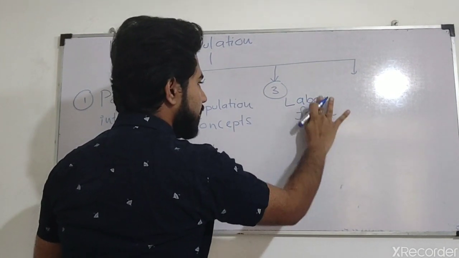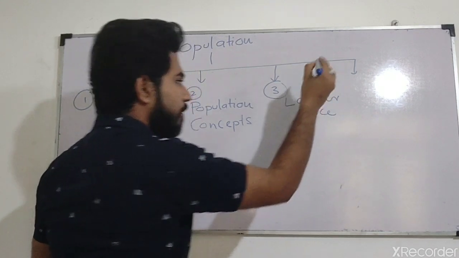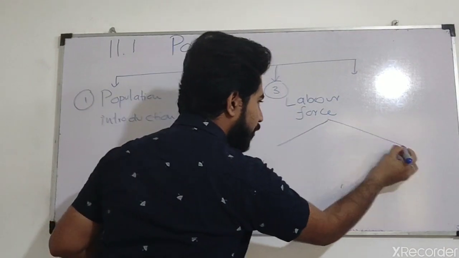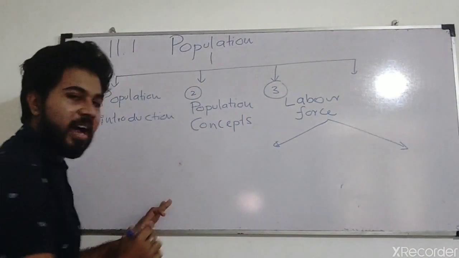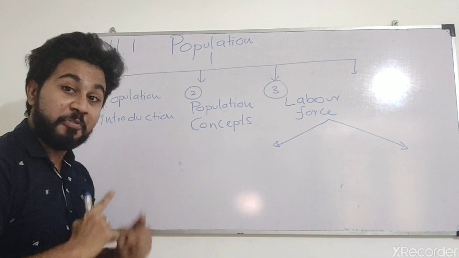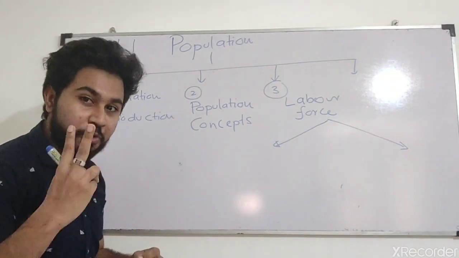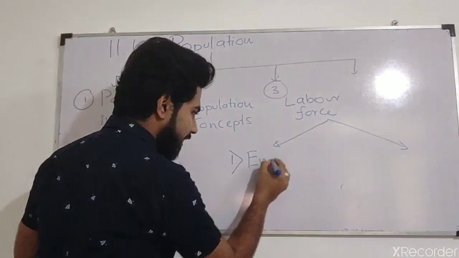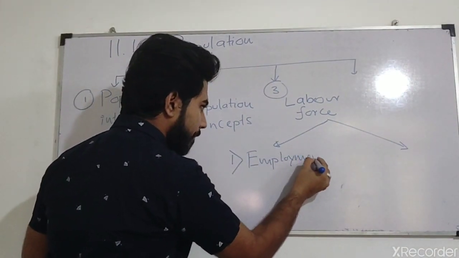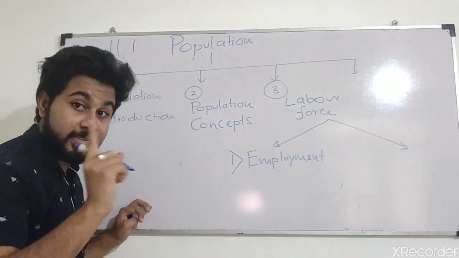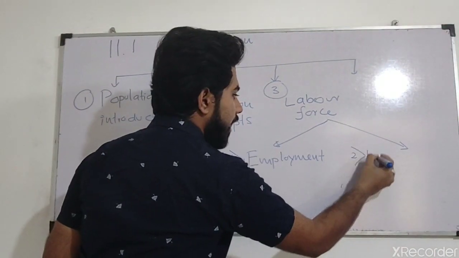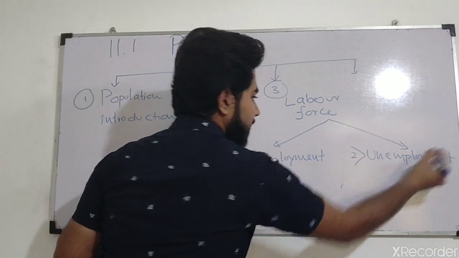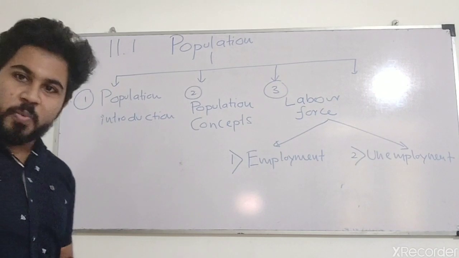The labor force can be divided into two basic parts, number one employment, and the second part, unemployment. Employment and unemployment. So it is very clear.